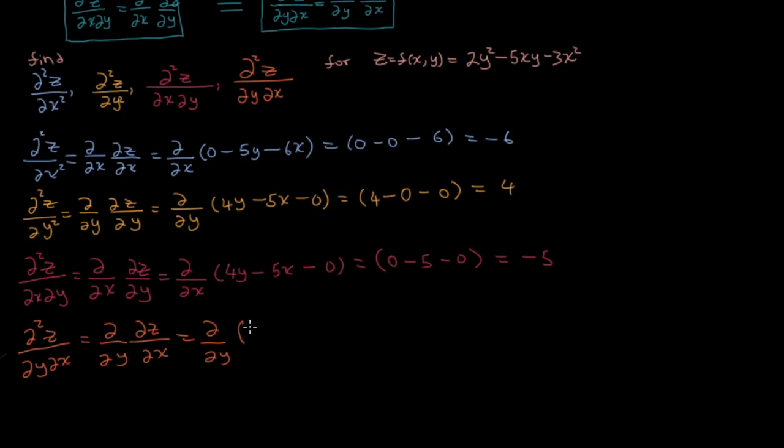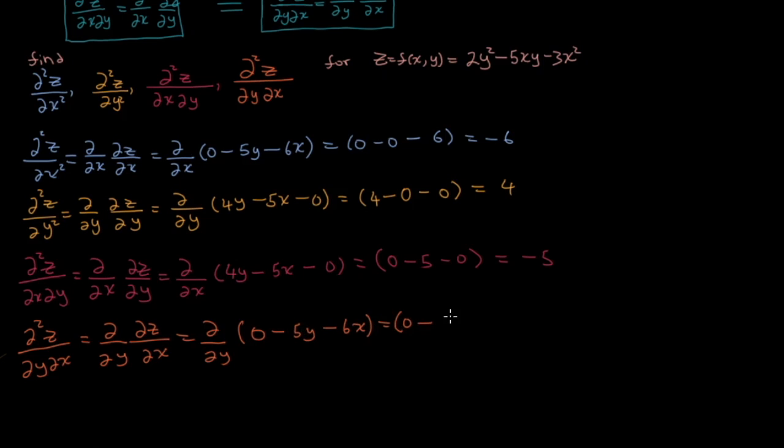And that will give us 0, because this 2y is a constant, and then we're going to go minus 5y minus 6x. And now we're going to take the partial derivative of this new expression with respect to y. And look what we get. So the 0 remains 0.